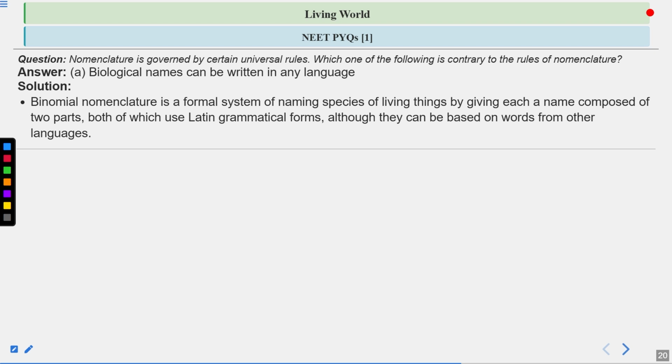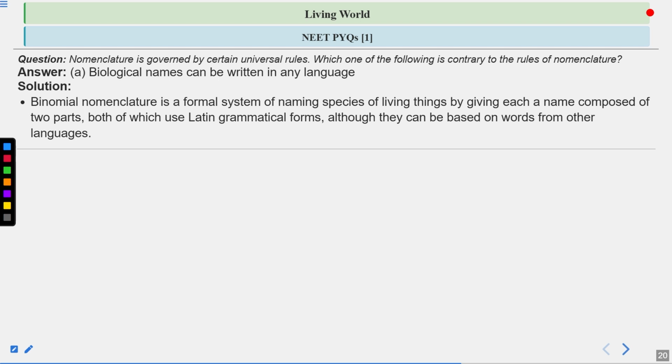According to binomial nomenclature, every biological name has two components or two parts. The first one is the generic name, the next one is the specific epithet. The generic name represents the genus and the specific epithet represents the species.